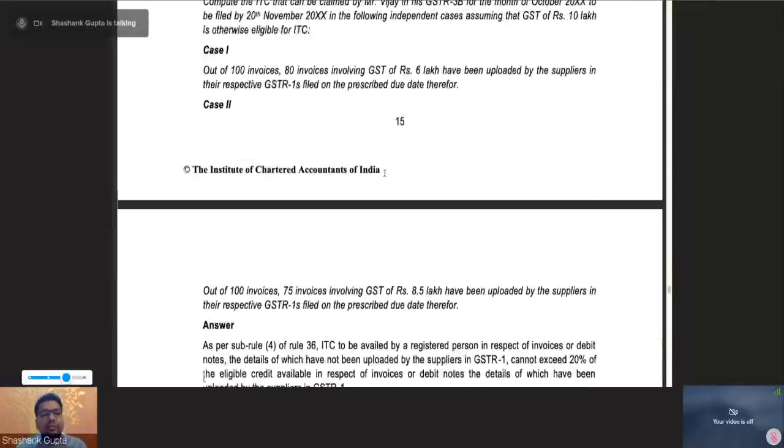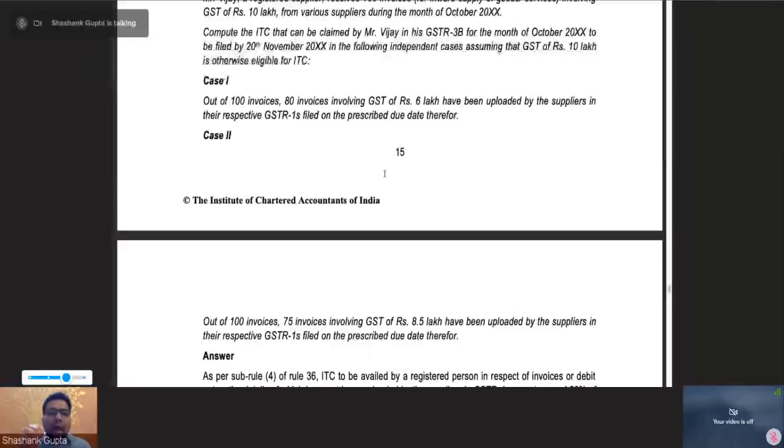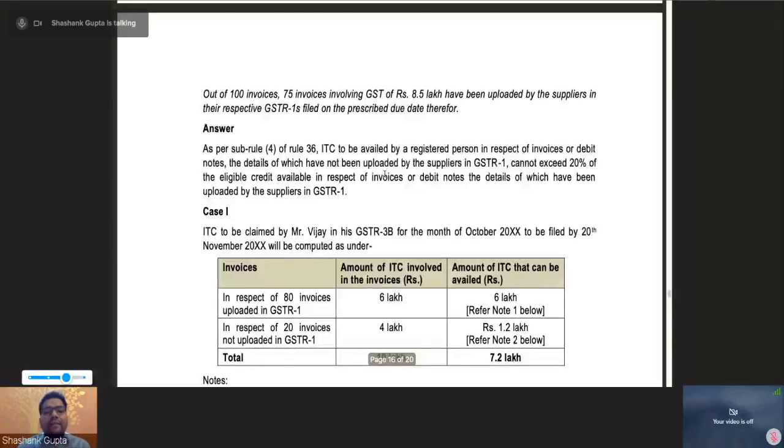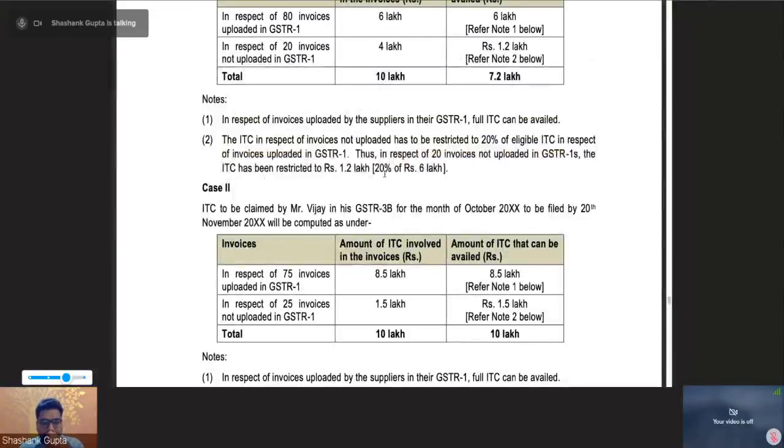Next, case 2, out of 100 invoices, 75 invoices, no relevance, GST of rupees 8.5 lakh has been uploaded by the suppliers. So what will be 120% of 8.5 lakh? 120% of 8.5 lakh will go beyond 10 lakhs.